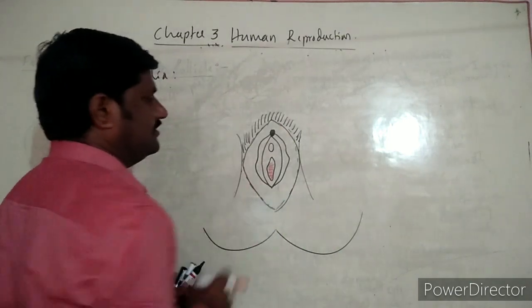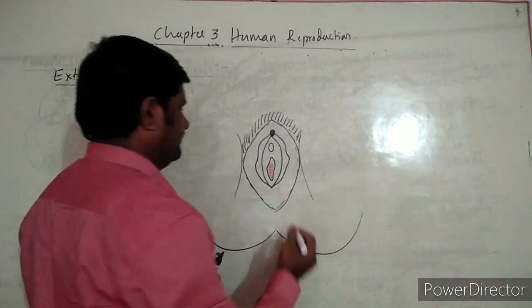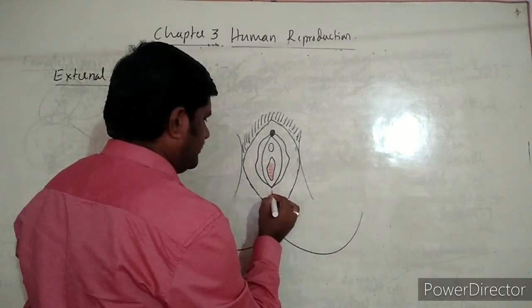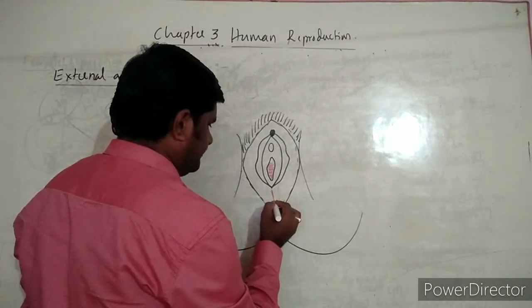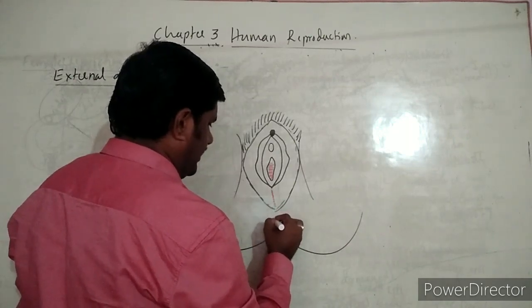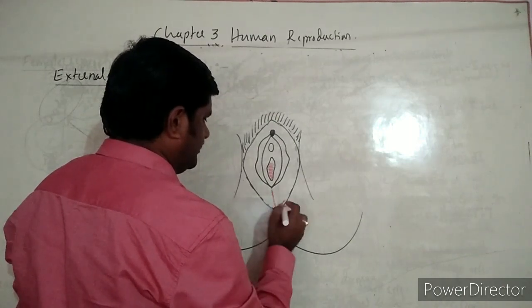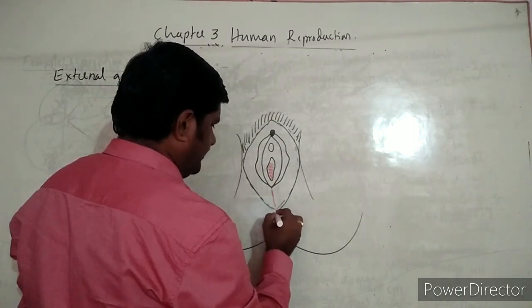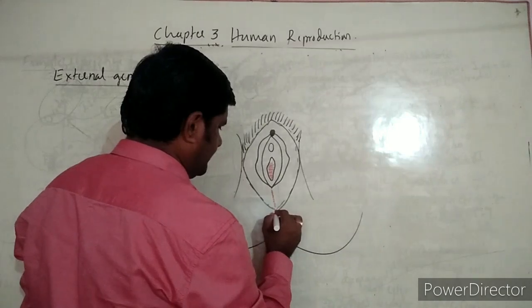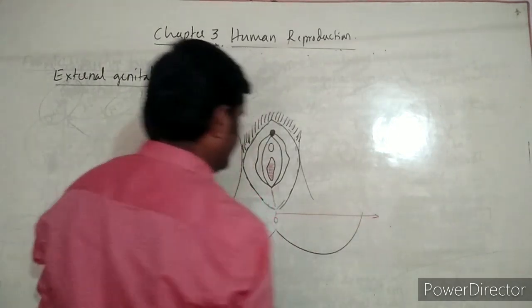Okay, so this is how the external genitalia that you come across here, and this is the fourchette and this is the anal region, and the distance between these two is said to be a specialized structure, right?